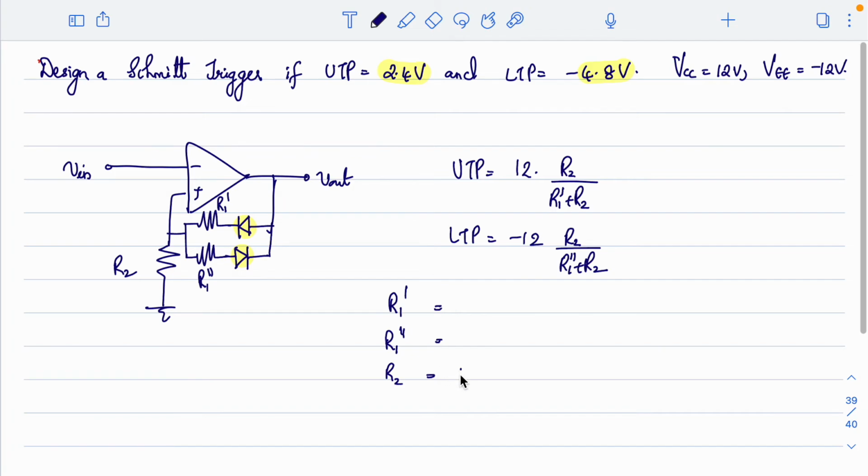I'll take R2 as 1 kilo ohm so that you can fix the other one. Yeah, R1 dash is equal to 4 kilo ohm. And similarly R1 double dash is equal to, you can quickly solve this using these two expressions.